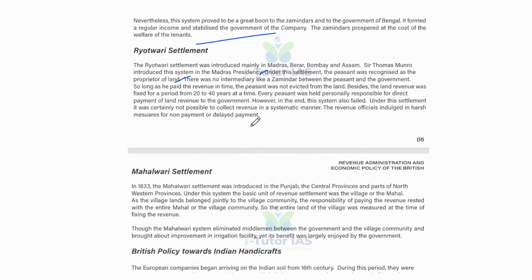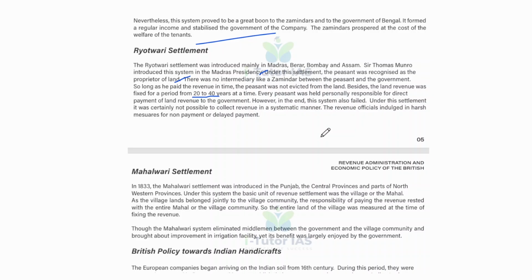Okay, and there was no intermediary like zamindar between the peasant and the government. So long as he paid the revenue in time, the peasant was not evicted from the land. Besides, the land revenue was fixed for a period of 20 to 40 years, such a long period, and every peasant was held personally responsible for direct payment of land revenue to the government.